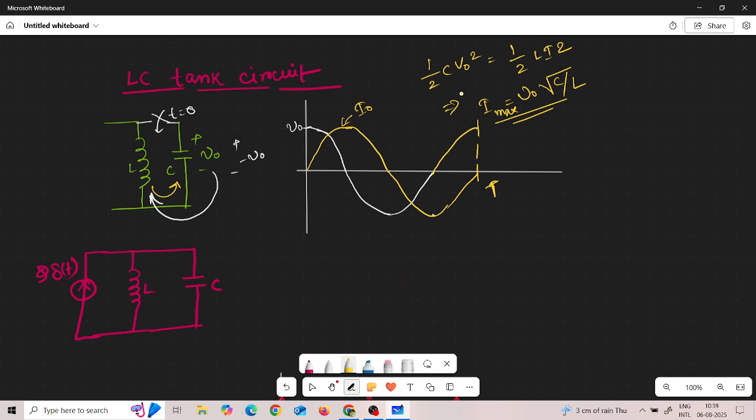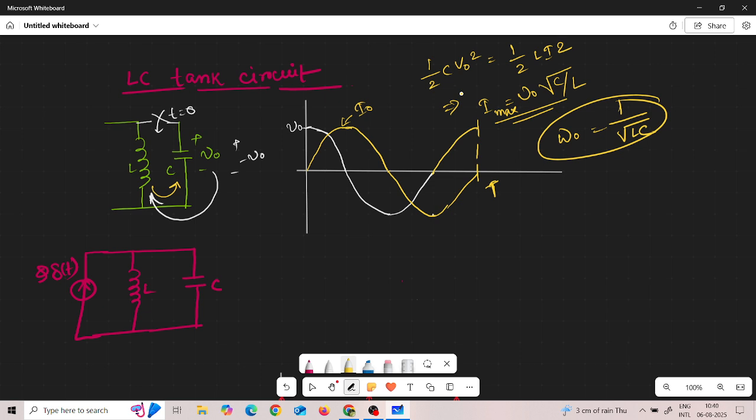But if they are not ideal, not lossless, then the oscillation can't go on for an infinite amount of time. And what is the frequency here? Frequency will be nothing but 1 by root under LC, as these L and C combined together form a resonance circuit. I hope you understand.